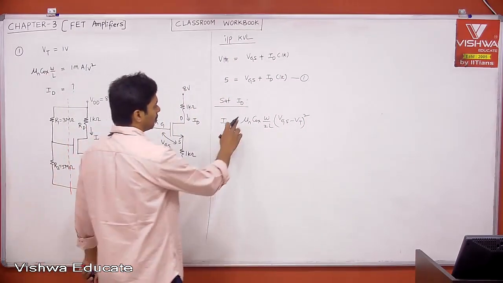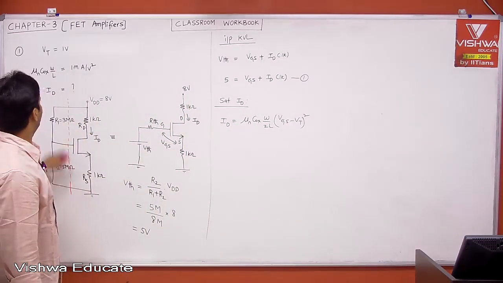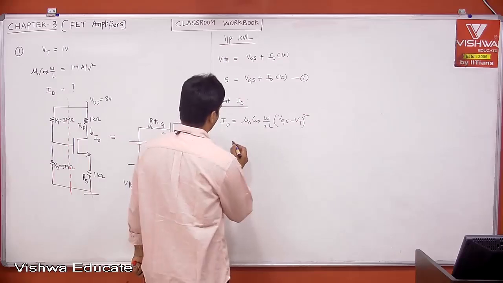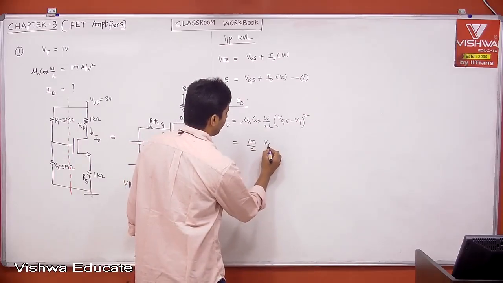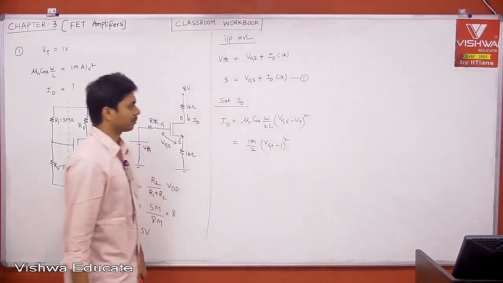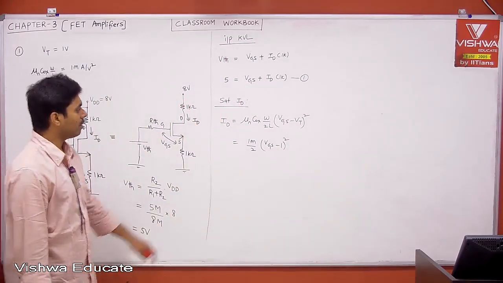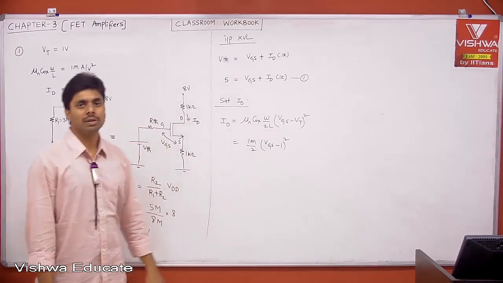Now mu n Cox W by L is already given. What is that? 1 milliampere, and VT is already given. Therefore, this is nothing but 1 milli by 2 into (VGS minus 1) whole square. Now you have two equations and two unknowns, so try to solve, and you will get the answer.